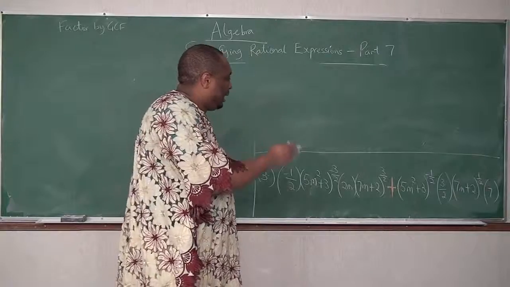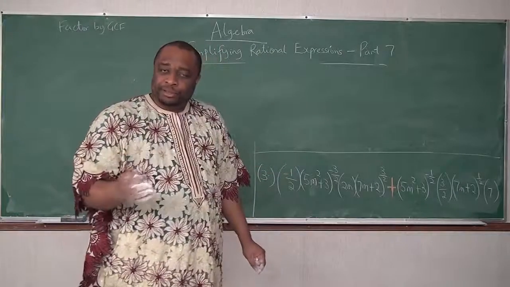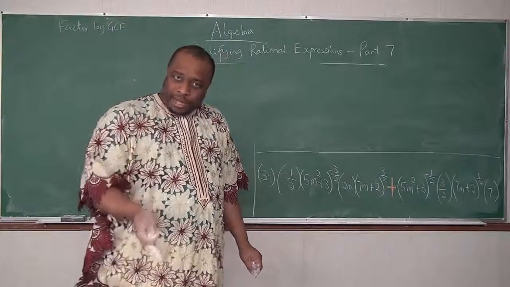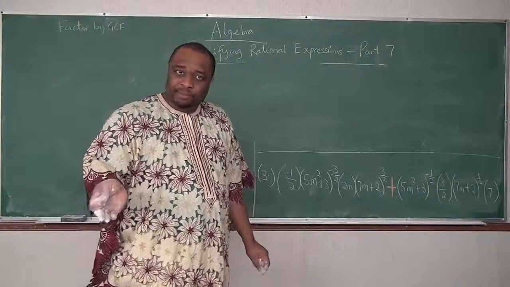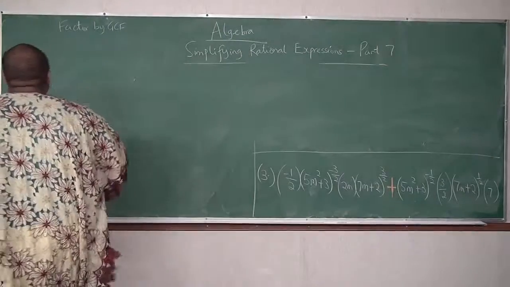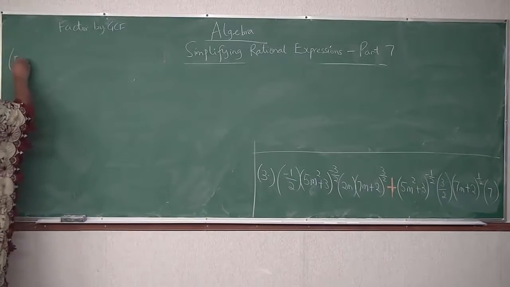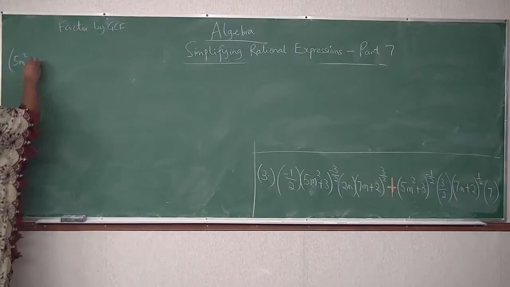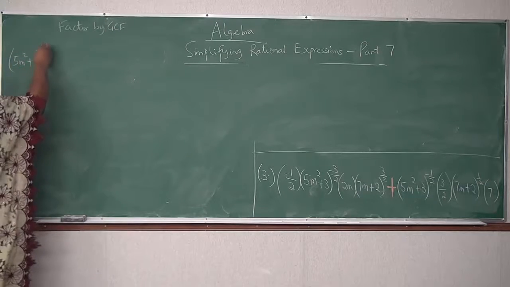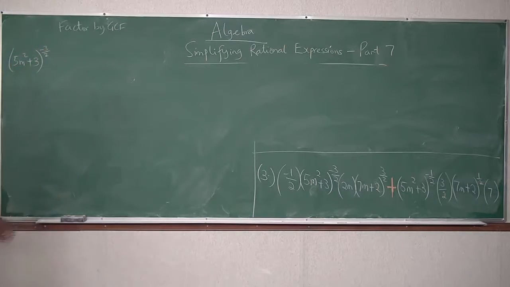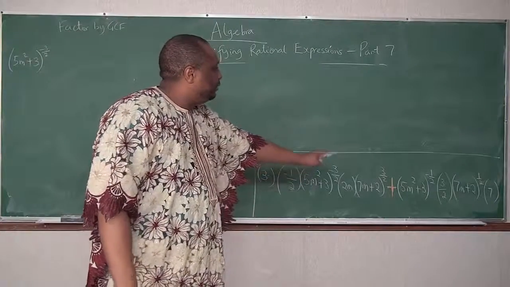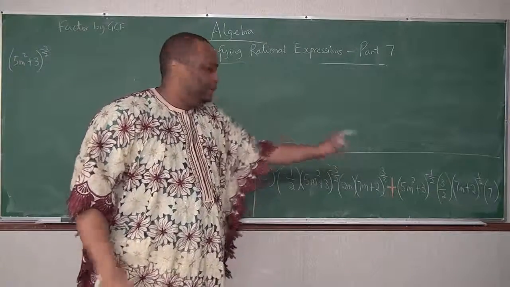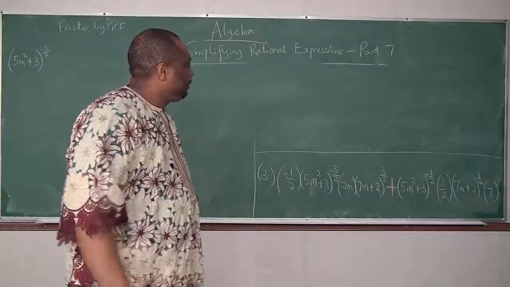So we know that negative 3 over 2, negative 1.5, is smaller than negative 0.5. We bring out that 5m squared plus 3 exponent negative 3 over 2. And we have 2m here. We don't have any brother here, so we leave the 2m.